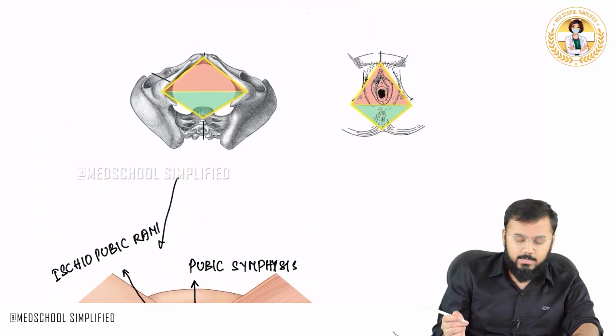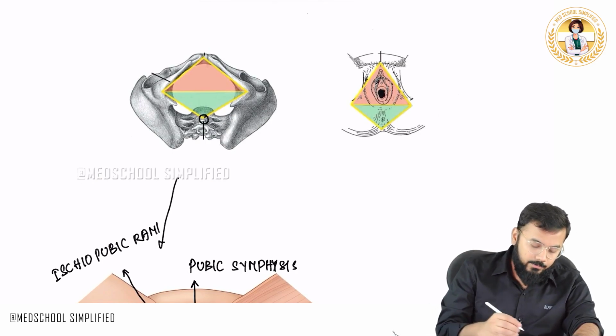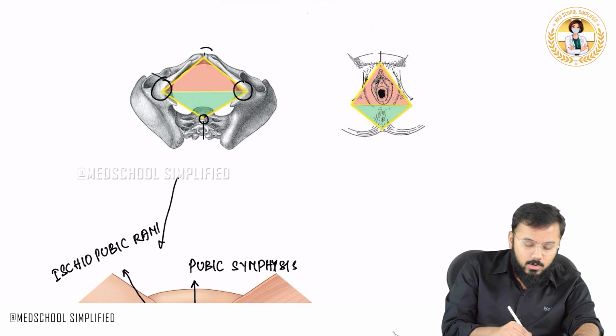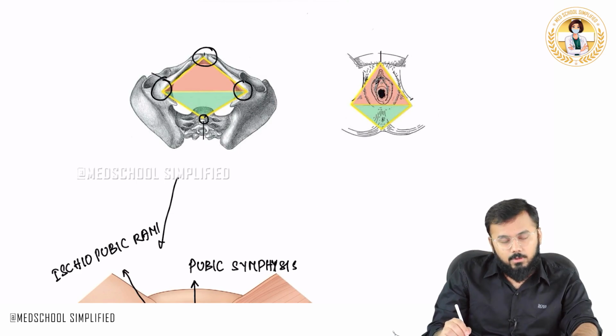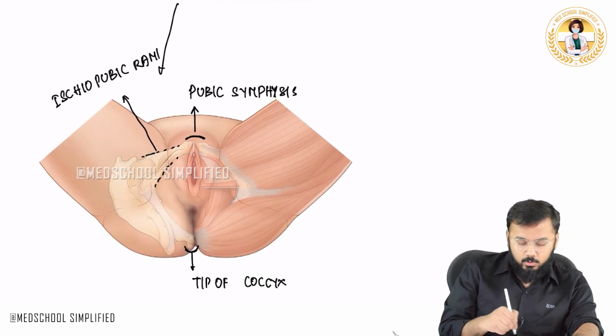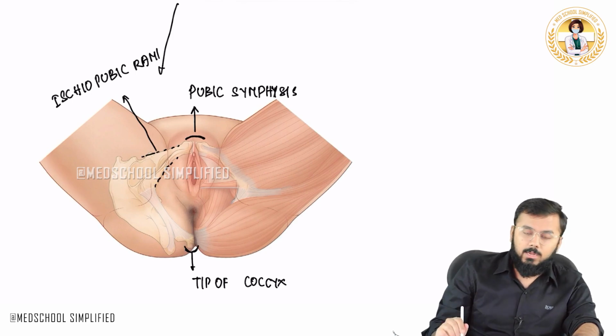Here also the same structures. This part is the tip of the coccyx, these two structures are the ischiopubic rami, and this is the pubic symphysis. In between these structures you see a triangle, not only a triangle, you see this complete area. This area is called the perineum.